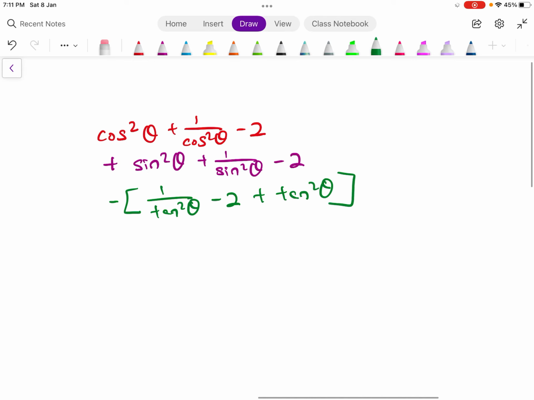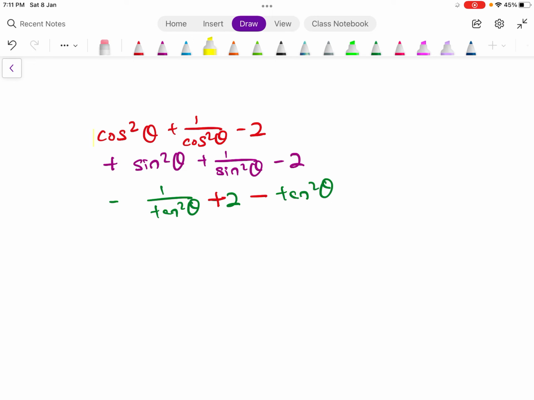I put a bracket. Now I remove the bracket, so everything flips the sign for the green color. This is minus, this is plus, and now is minus. After that, let's do our simplification.